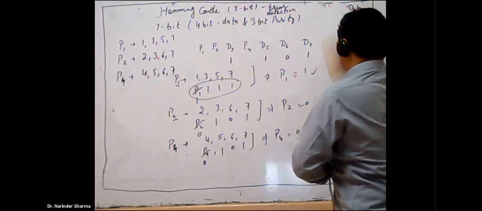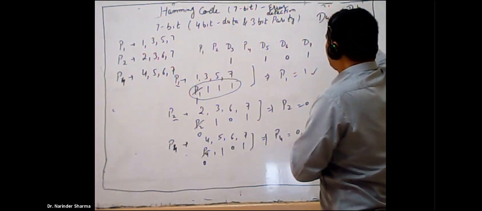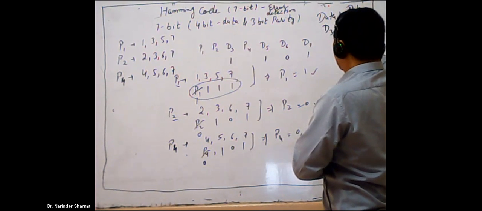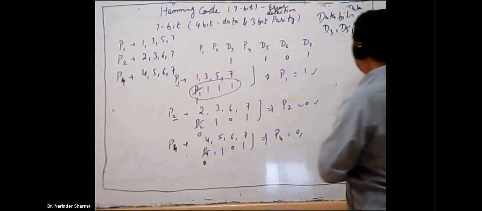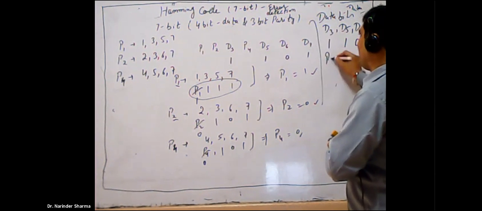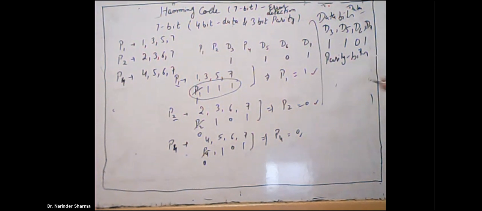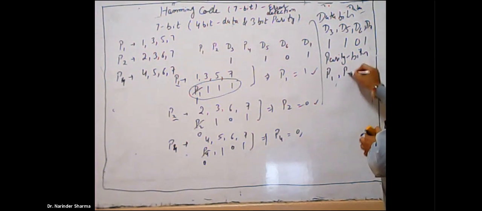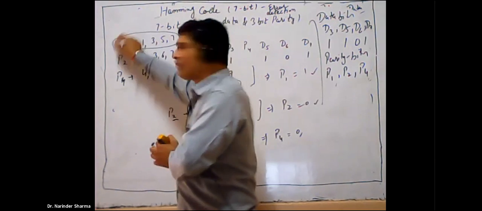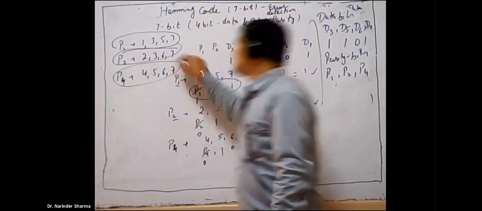So here your data bits are D3, D5, D6, D7, which are assumed to be 1101, and parity bits are P1, P2, P4, which have to be computed by using the rule 1357, 2367, 4567.